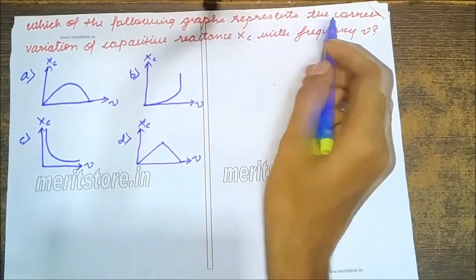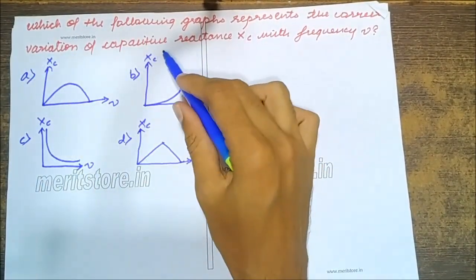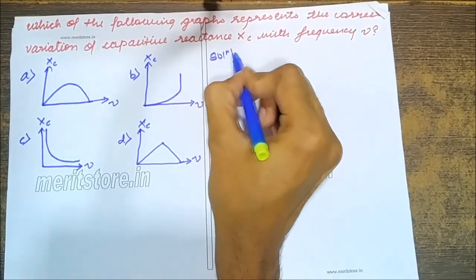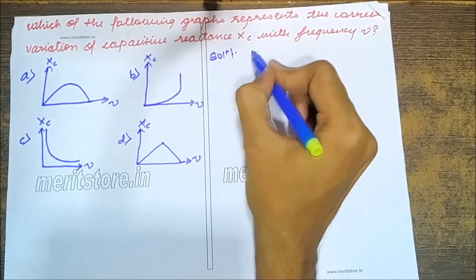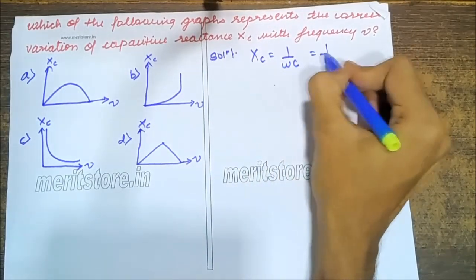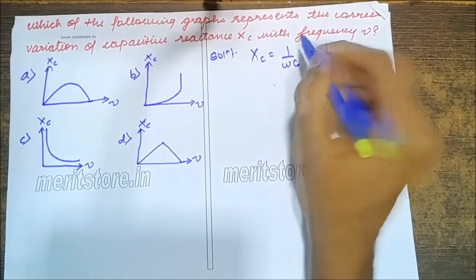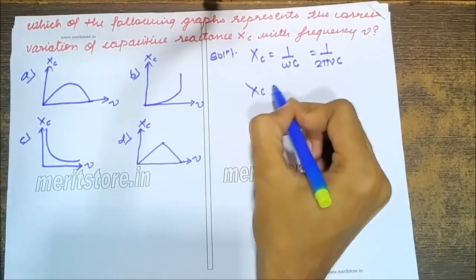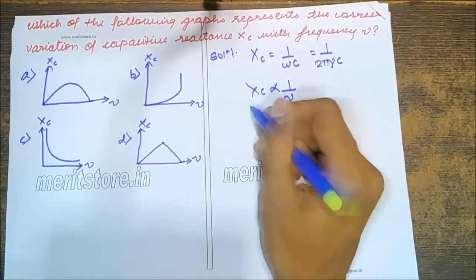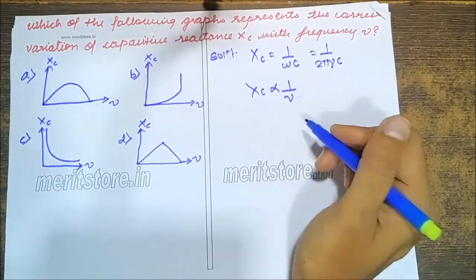Which of the following graphs represents the correct variation of capacitive reactance with respect to the frequency? So here we have the capacitive reactance with respect to the frequency. Capacitive reactance has the formula 1 upon omega C, where omega is again 2 pi v. So the relation of capacitive reactance with respect to the frequency is an inverse relation. X C is inversely proportional to 1 upon v.